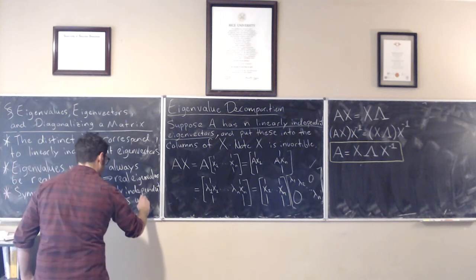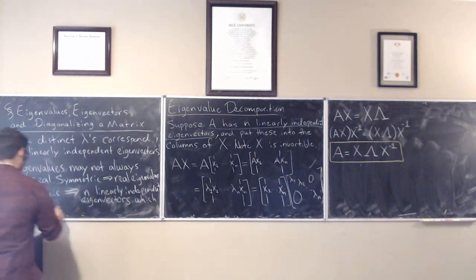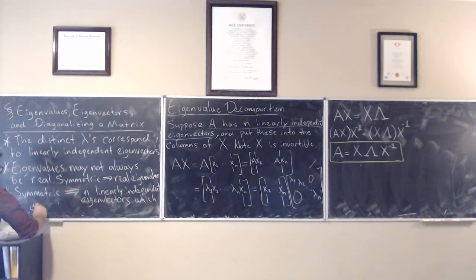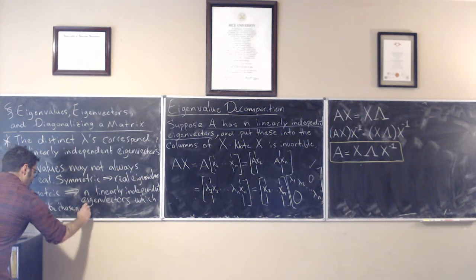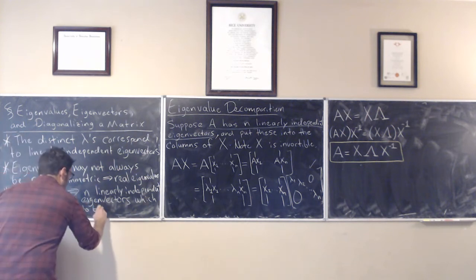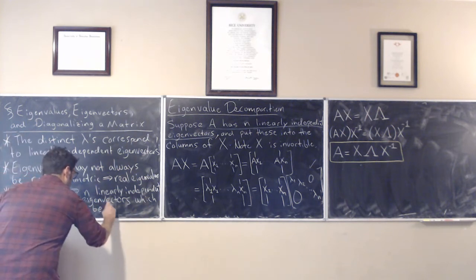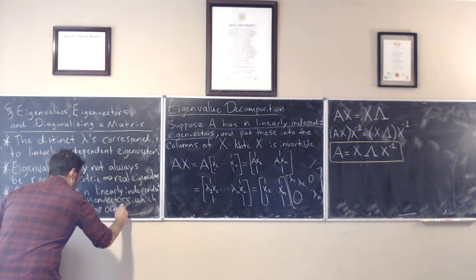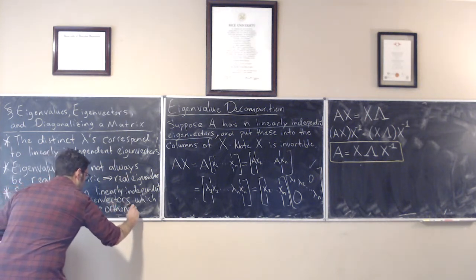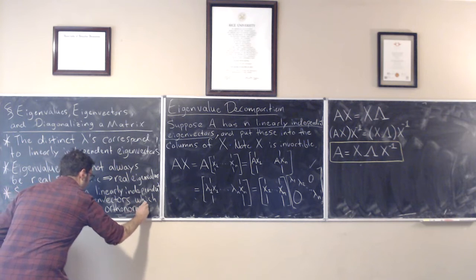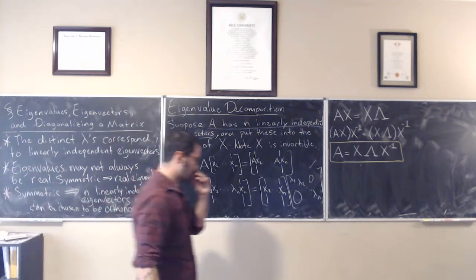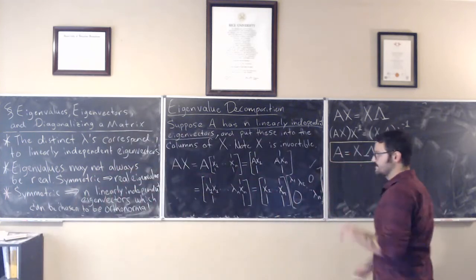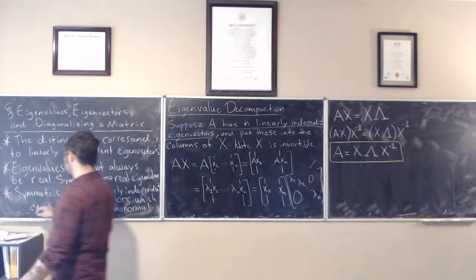These eigenvectors can be chosen to be orthonormal. What does that mean?